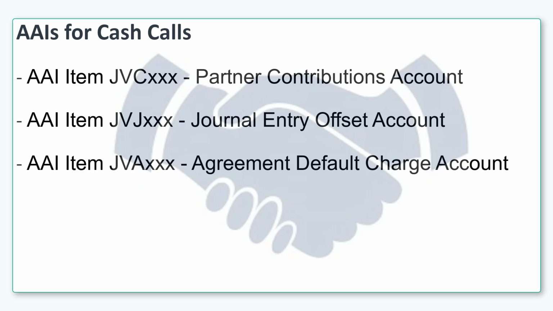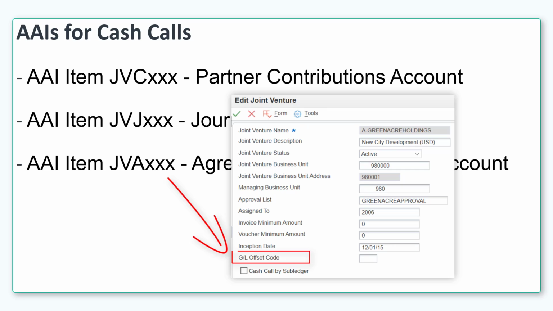The XXX on the AAI definition represents the joint venture GL offset code that you specify in the joint venture master program, P09J30. The GL offset code can be used to define a different account for each joint venture.